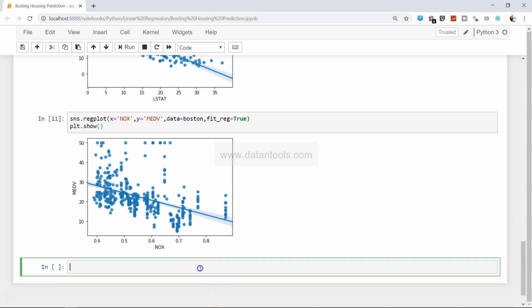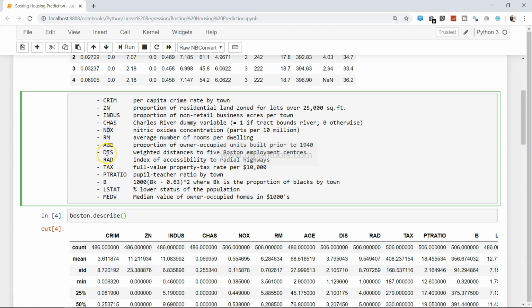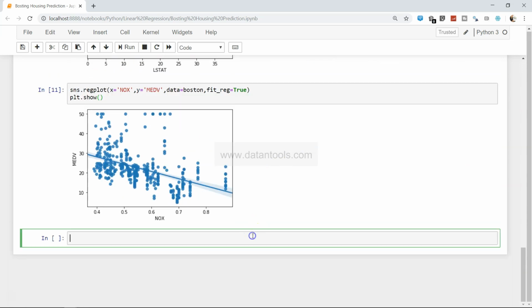All right, now let's evaluate the relationship between the prices and the weighted distance to the 5 Boston employment centers, which is DIS.